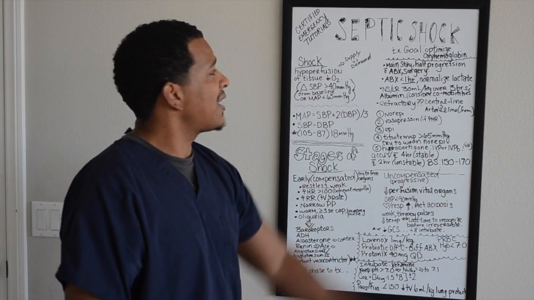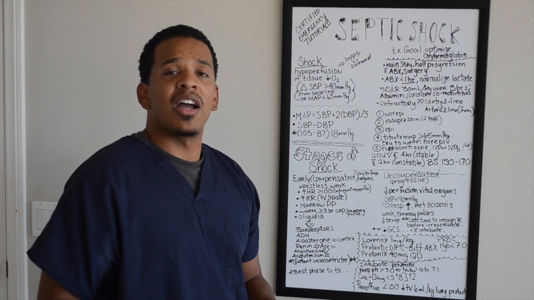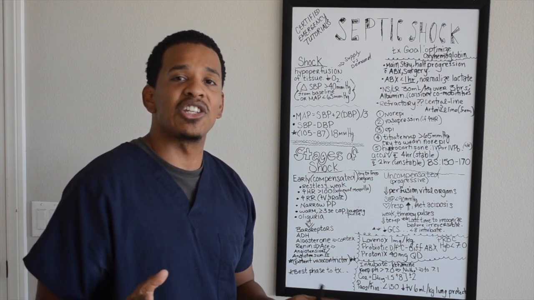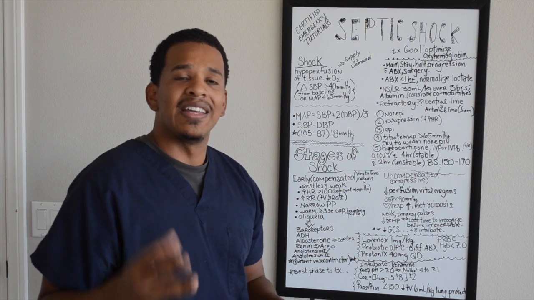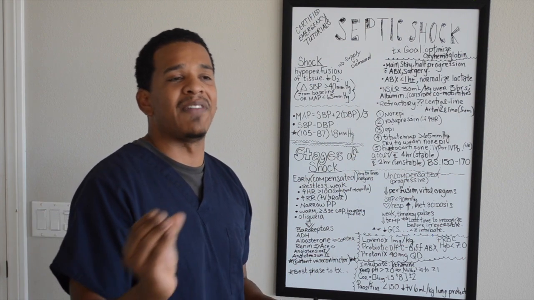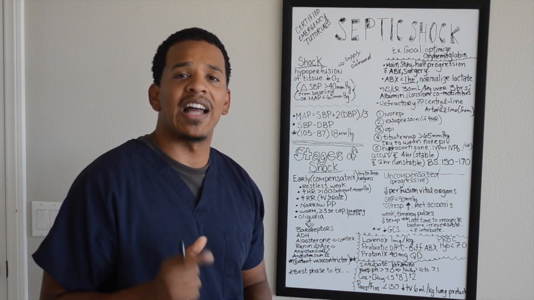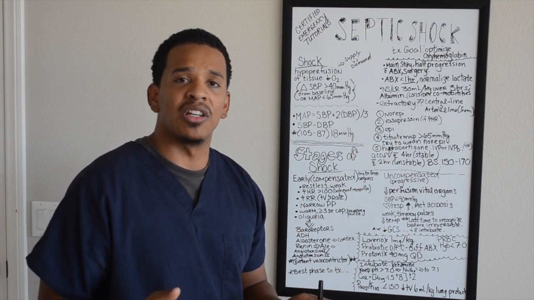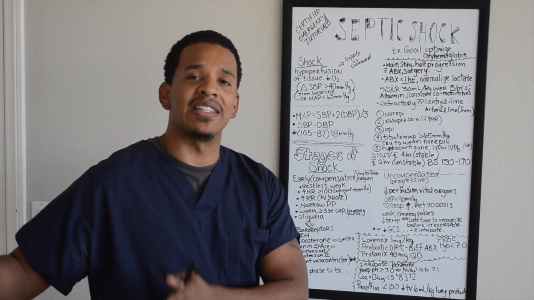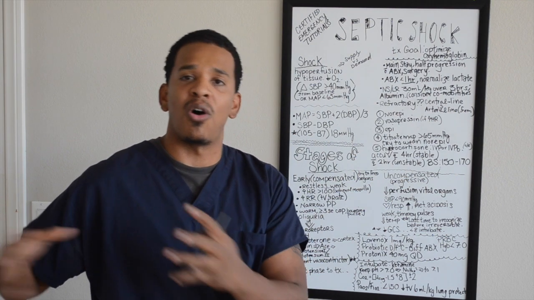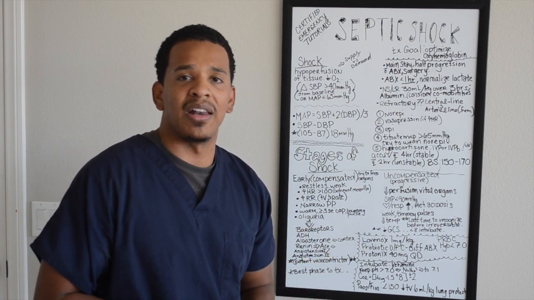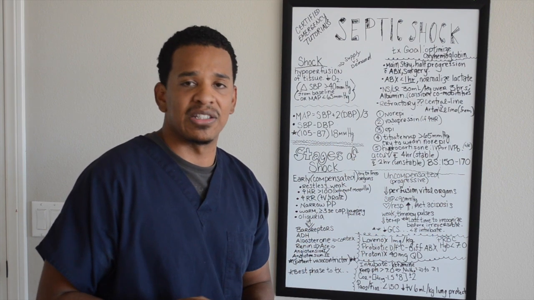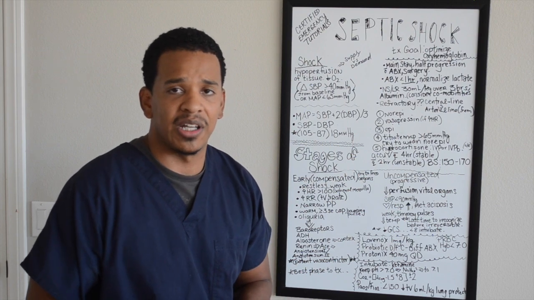So septic shock. What is septic shock? Septic shock is one of your distributive shocks caused by massive vasodilation. Those endotoxins, histamine, have caused massive vasodilation, which is causing a hypoperfusion of your organs from lack of oxygen to where now your body has to start metabolizing anaerobically, right? So it plays all these different factors on your body, and now your body's creating lactic acid, and now you're going into this metabolic acidosis state and getting very, very sick, okay?